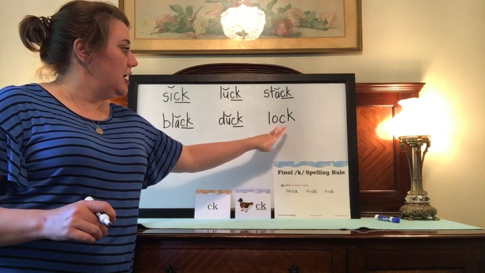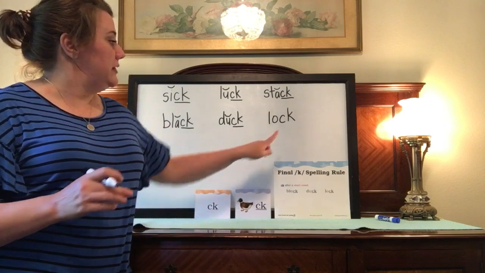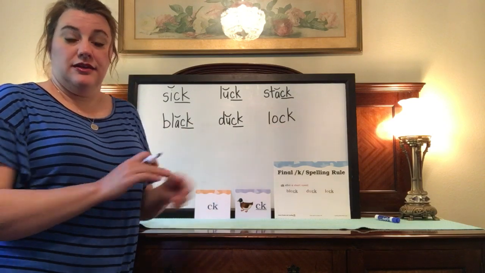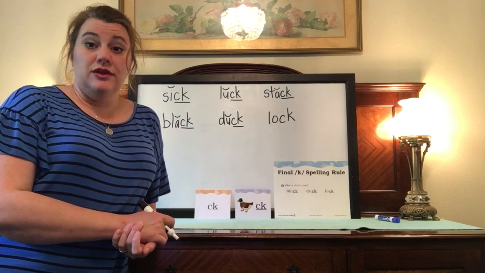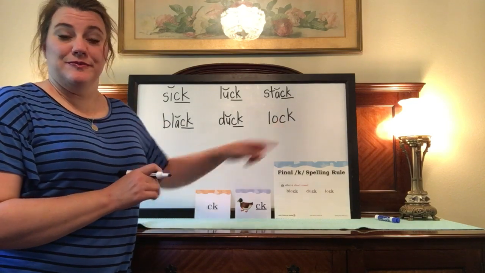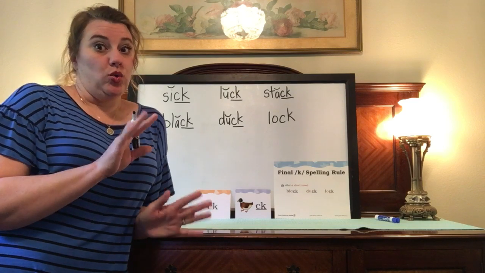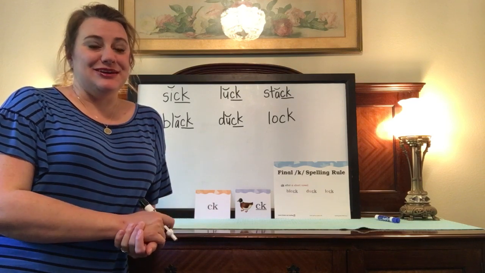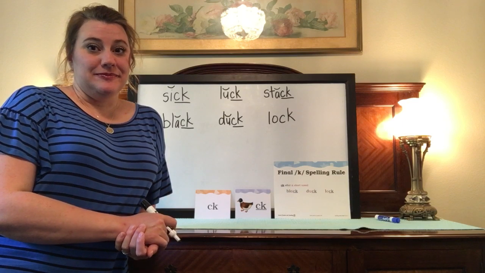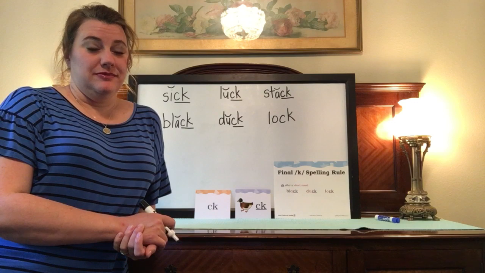L, o, k. Now think about your rules and the word lock. What do you know about your phonics rules and this word? What can you tell your mom and dad? Okay. Have you told them? Let's go.